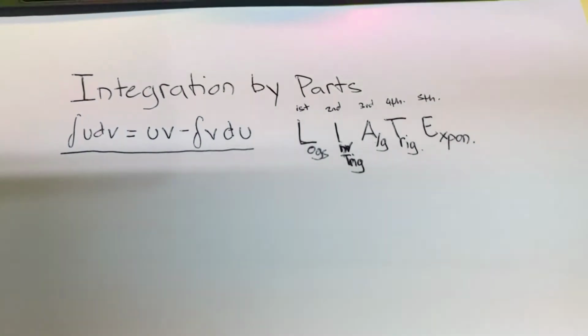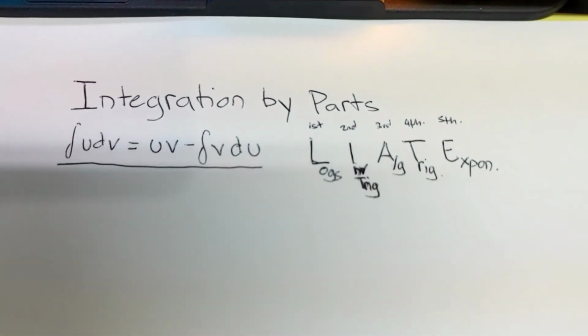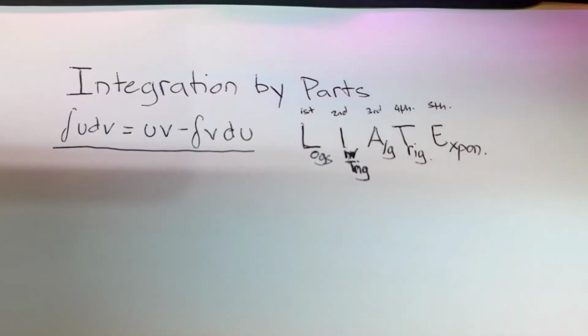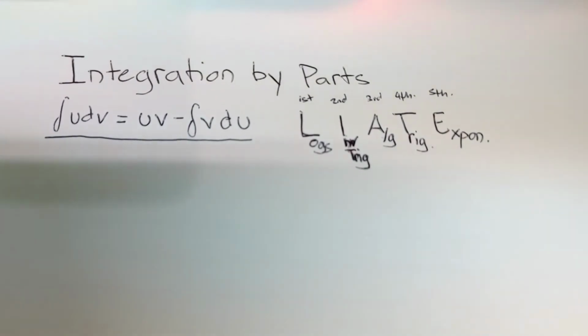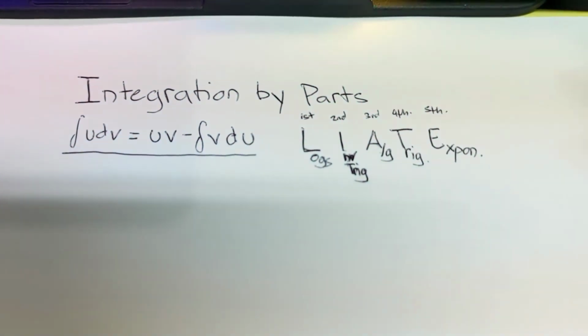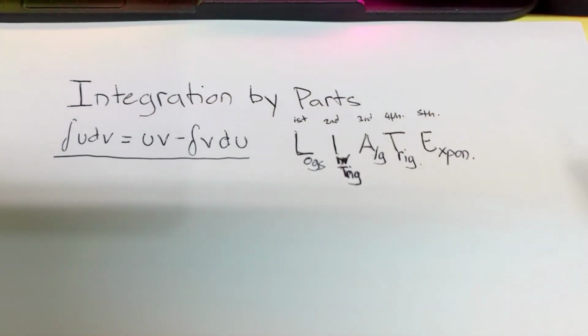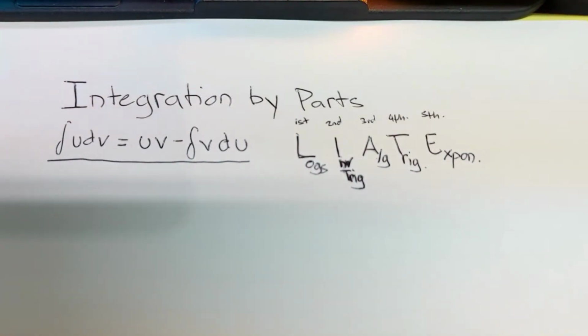So how do you use this LIATE? You can use this when you are given a function or a problem that consists of two functions. For example, you have a logarithmic and algebraic function in one problem.